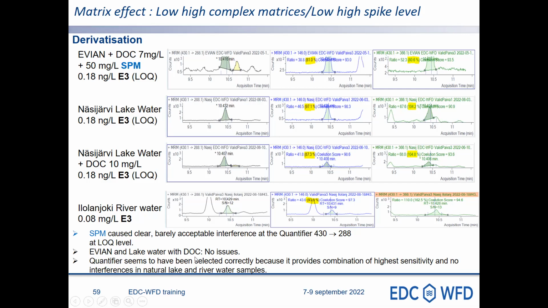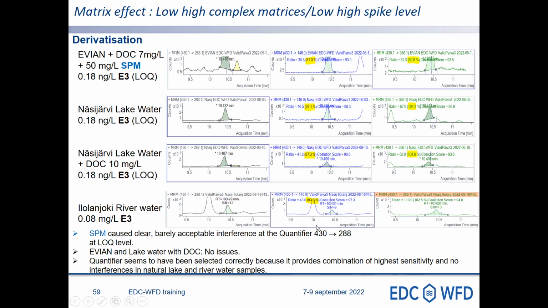With Evian and Lock water with DOC, we do not have any issue, even at high levels of DOC, which is very important information. And the quantification transition seems to have been selected correctly because it provides the combination of highest sensitivity, and there is no interference, even with natural samples.